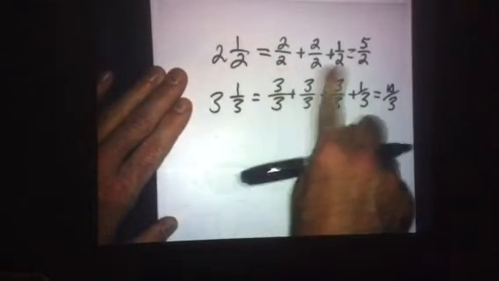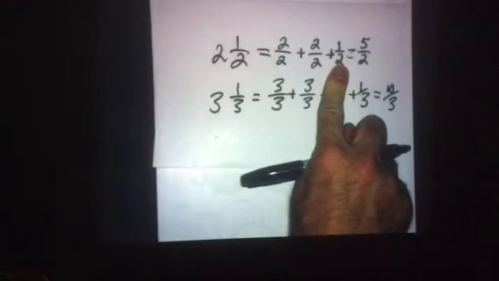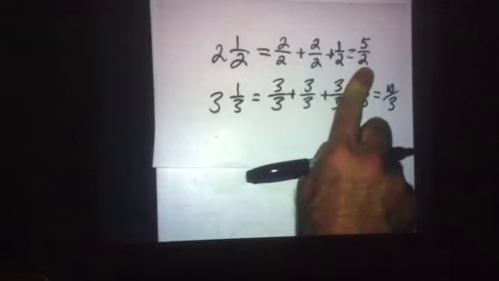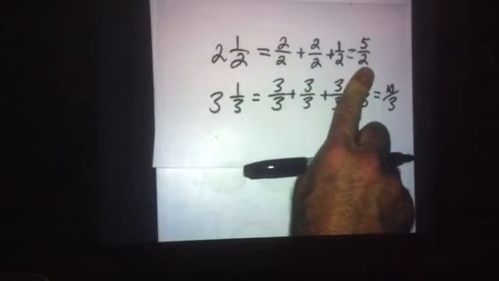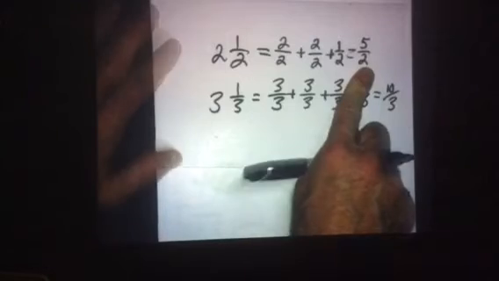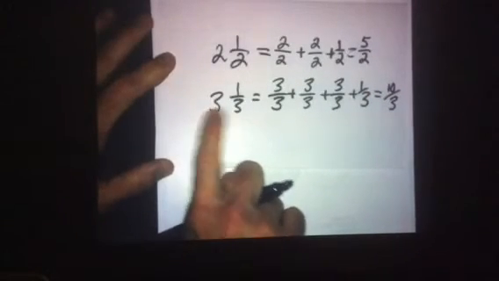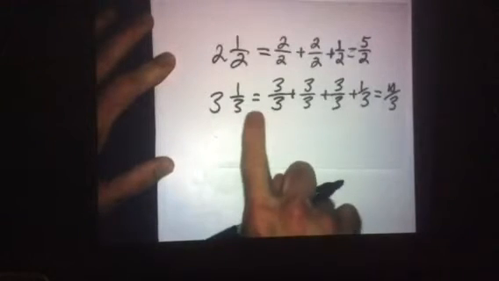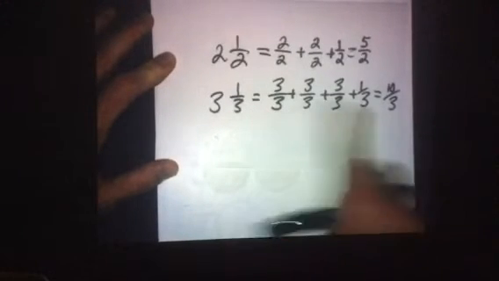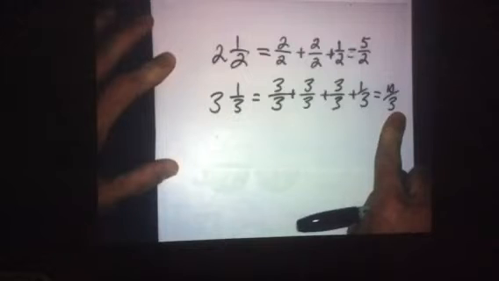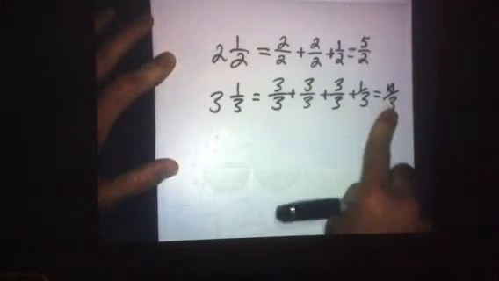Here we just have it expanded into proper fractions. And here we have it written as an improper fraction where the numerator is bigger than the denominator. This is a mixed number. It is a mix of a whole number and a proper fraction. This is the stuff expanded. And here again, we have an improper fraction, 10/3, the numerator is bigger than the denominator.